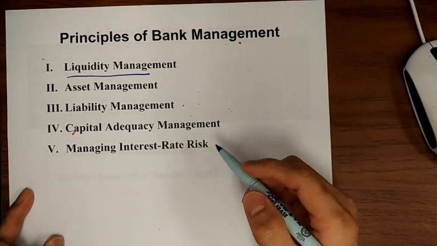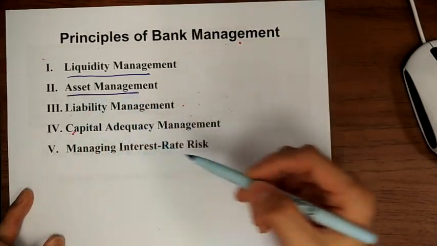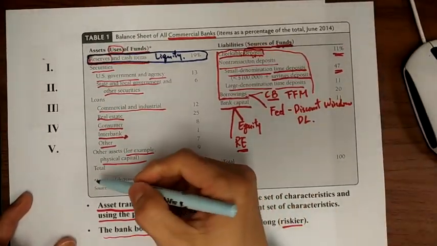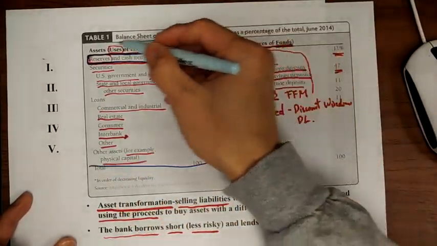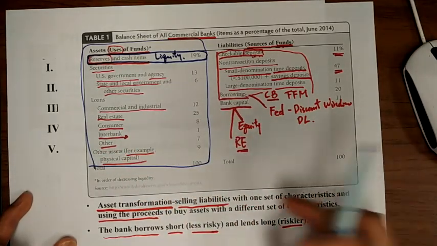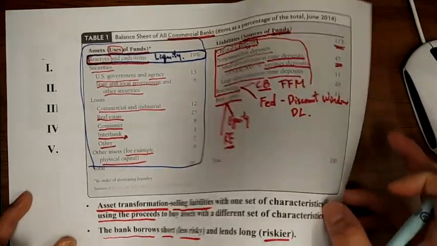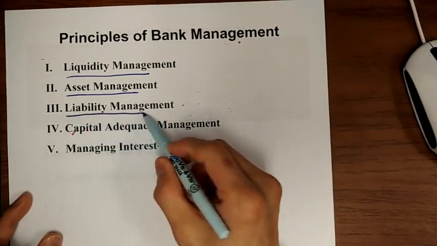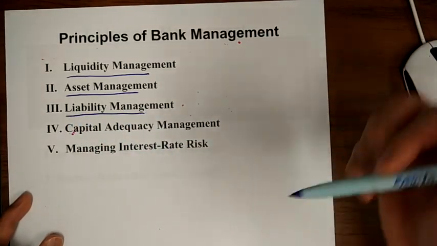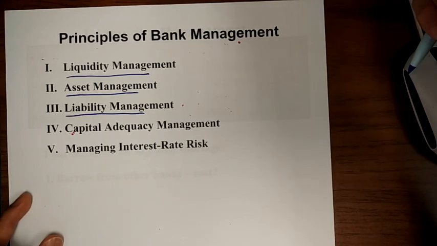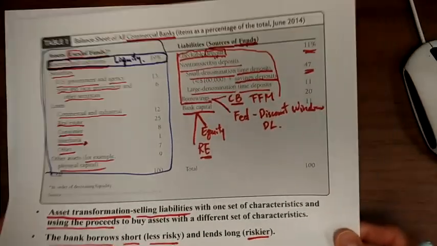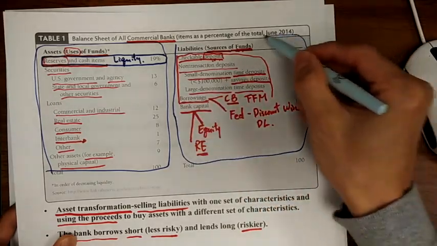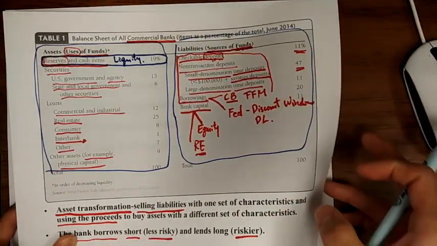You can also work as an asset manager. Then your job is to be in charge of the left-hand side of the balance sheets, the asset side. You can also work as a liability manager. If you are a liability manager of a commercial bank, then you are in charge of the liability side of the balance sheets.